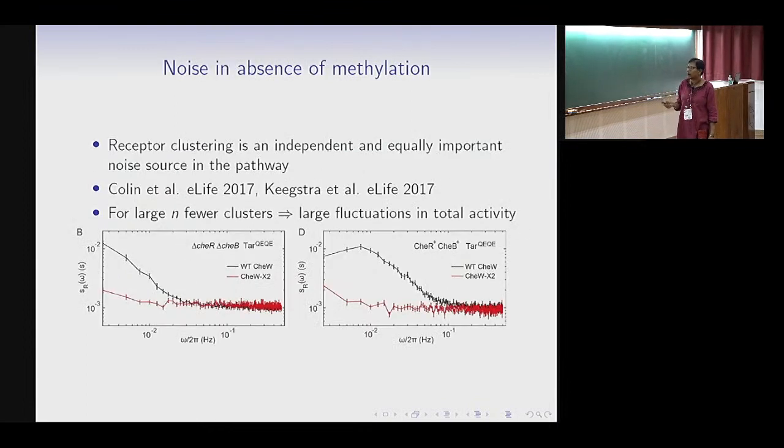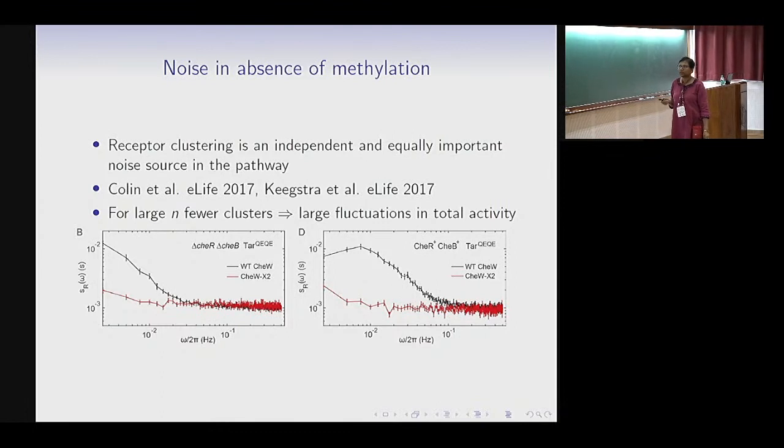However, about 5 years back, two groups independently performed experiments where they showed that even when there is no methylation, they still record significant activity fluctuation. They used a FRET-based setup to directly measure the receptor activity, and they showed that even when you switch off the methylation demethylation part of the network, there is still significant fluctuation.